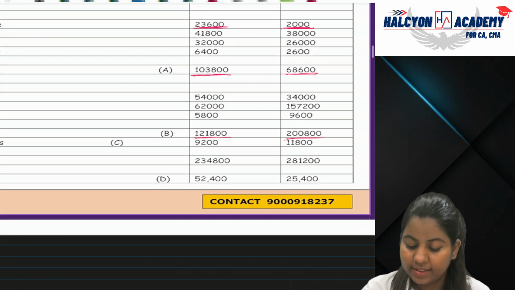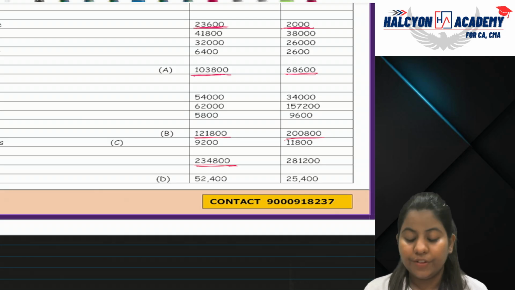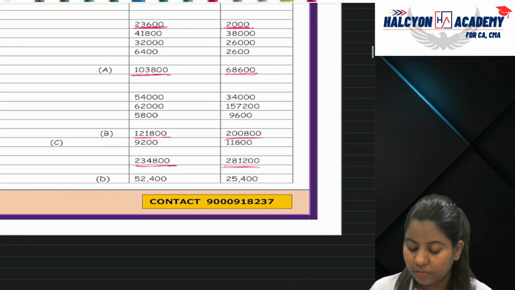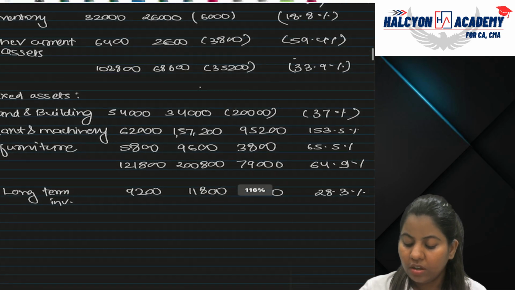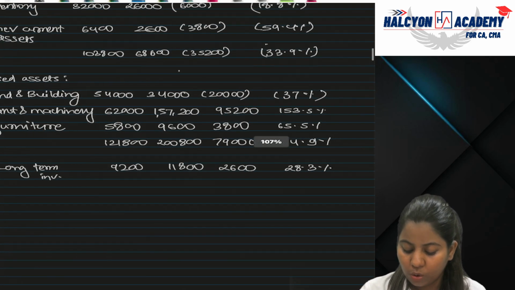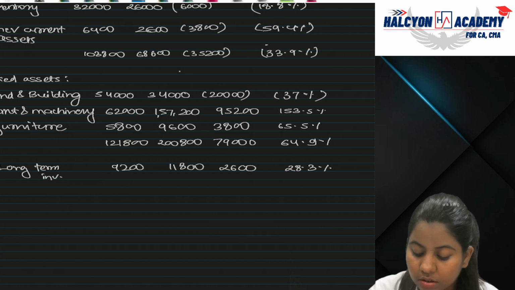Now total assets. What is the total? 2,34,800 and 2,81,200. So we have to find out the percentage change of the total also.